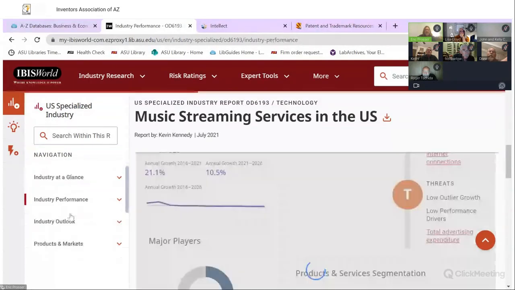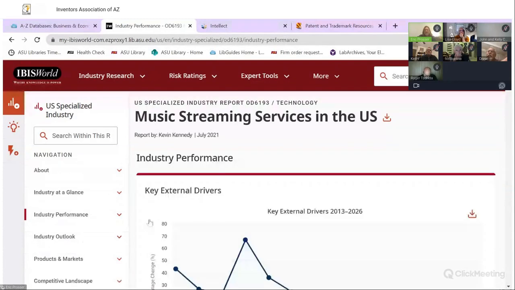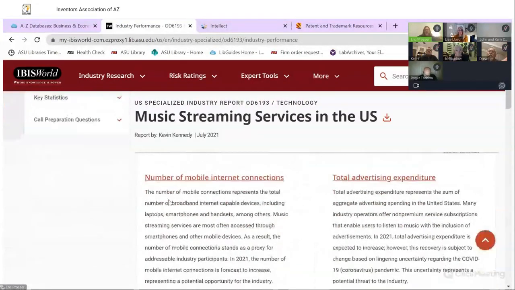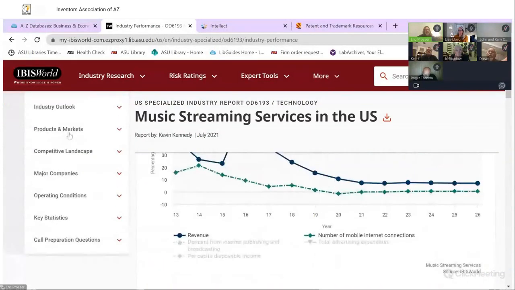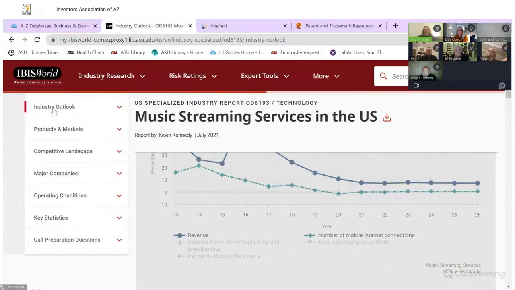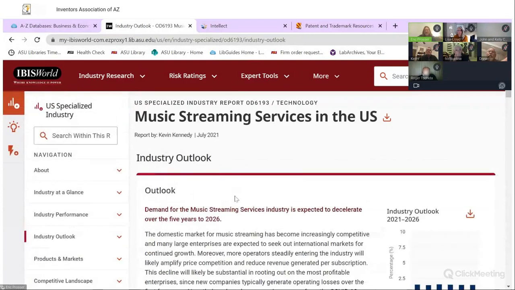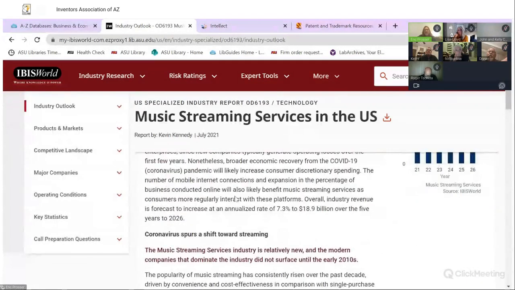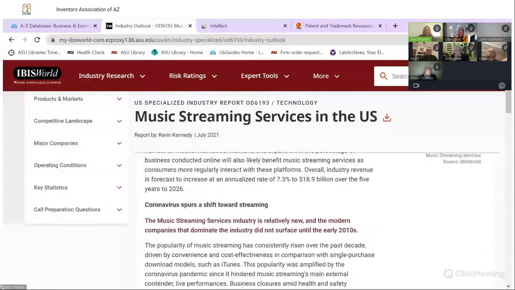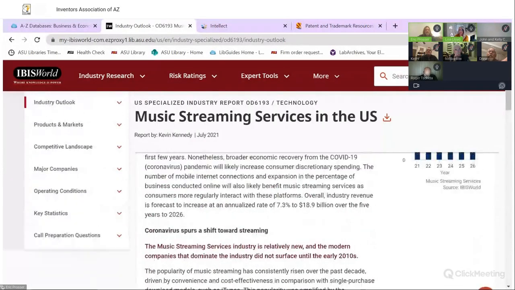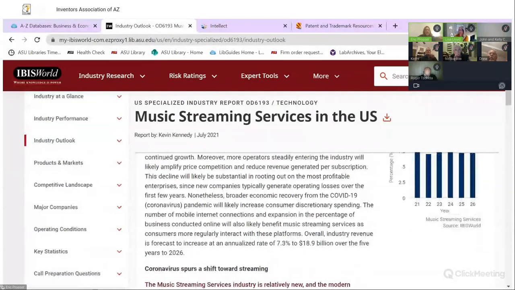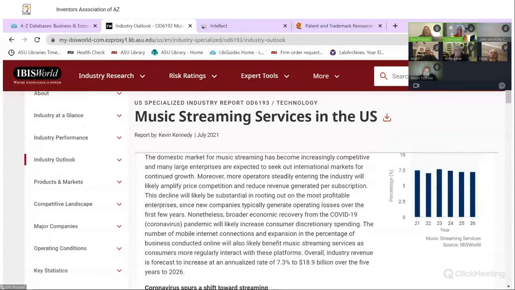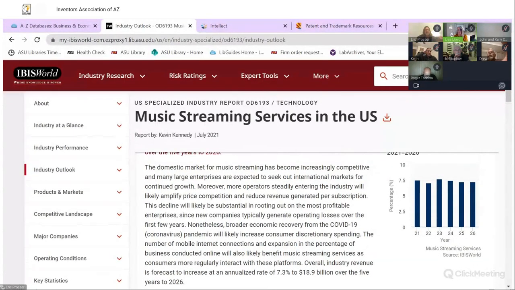And so again, as I mentioned, we can look at performance. We can look at the outlook, right? What's going to happen in the future? This is always a big thing for us. I can see this being really helpful both in the early stages of your idea when you're validating the opportunity, but also assuming you had enough early stage and just decided to really unpack this part later when you're making a business case for licensing.